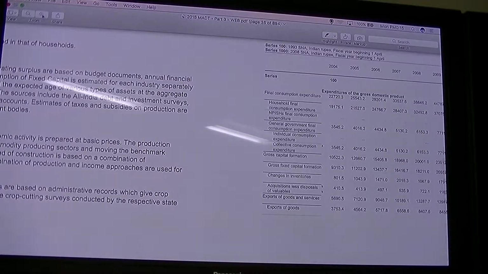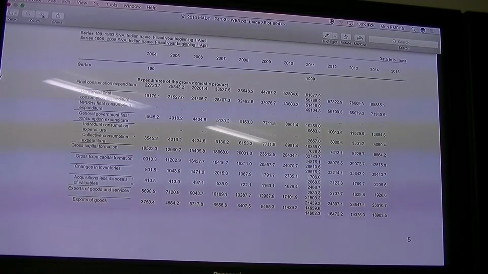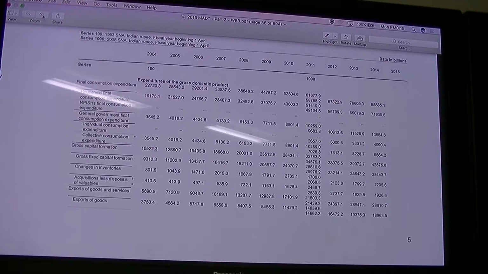It's very curious. Now, when you look at this line, you'll see the gross capital formation. That's investment. Now, almost any other country that you look at, you'll have two lines. You'll have gross fixed capital formation.